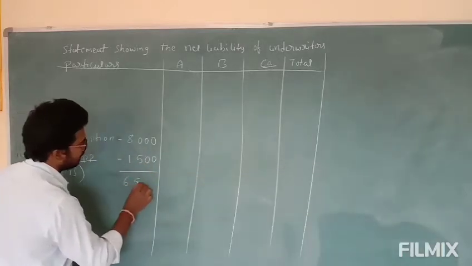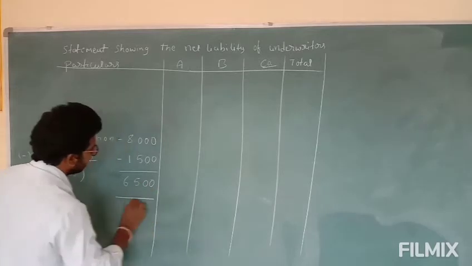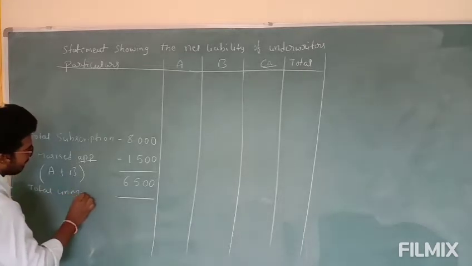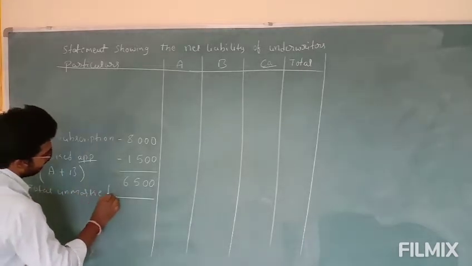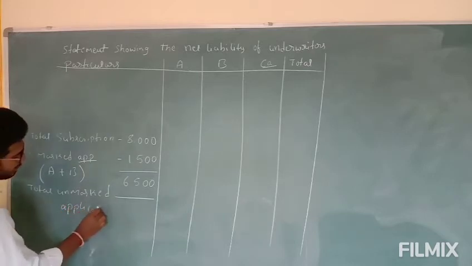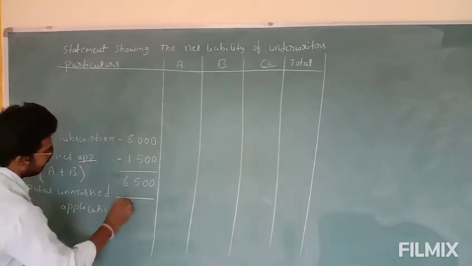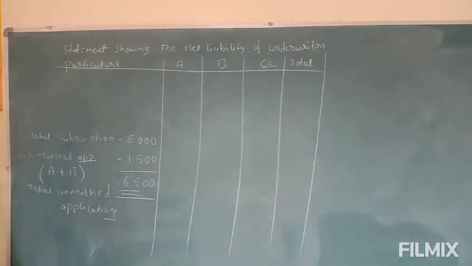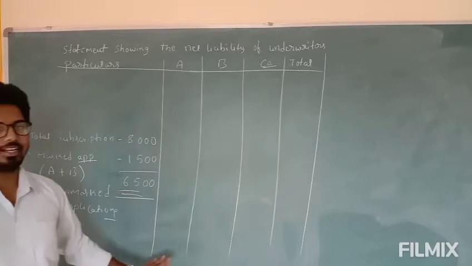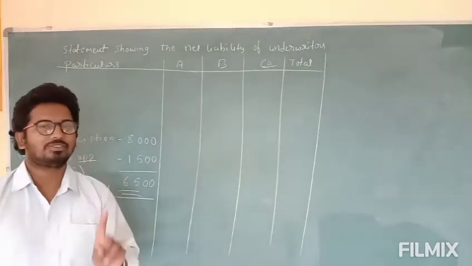So the remaining we get is 6,500, the total unmarked applications. Unmarked applications is 6,500.